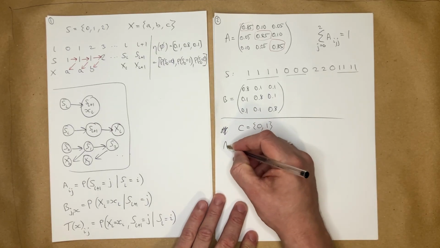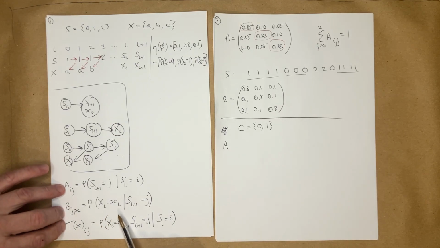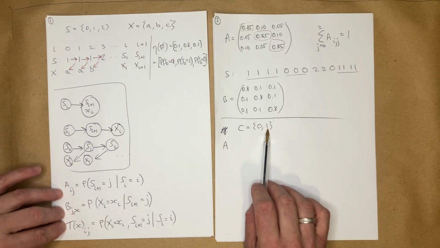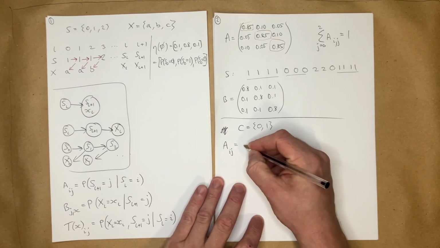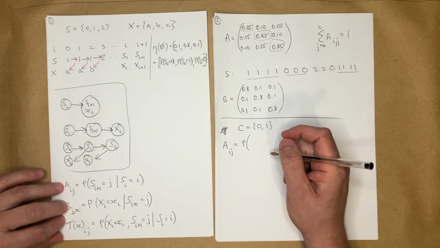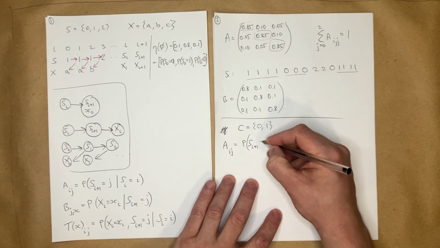Okay, so now I can rewrite these conditions for A, B, and T that include the value of C. By conditioning on the value of C, I'm now talking about which component we're talking about, but it doesn't really affect the probability theory that we need to go through in each individual case. So let's just go ahead and write it out again.